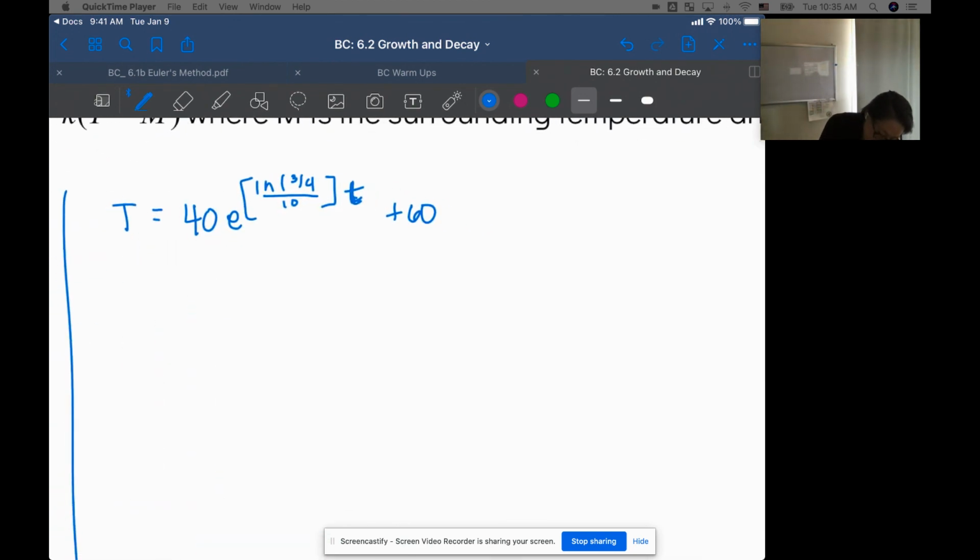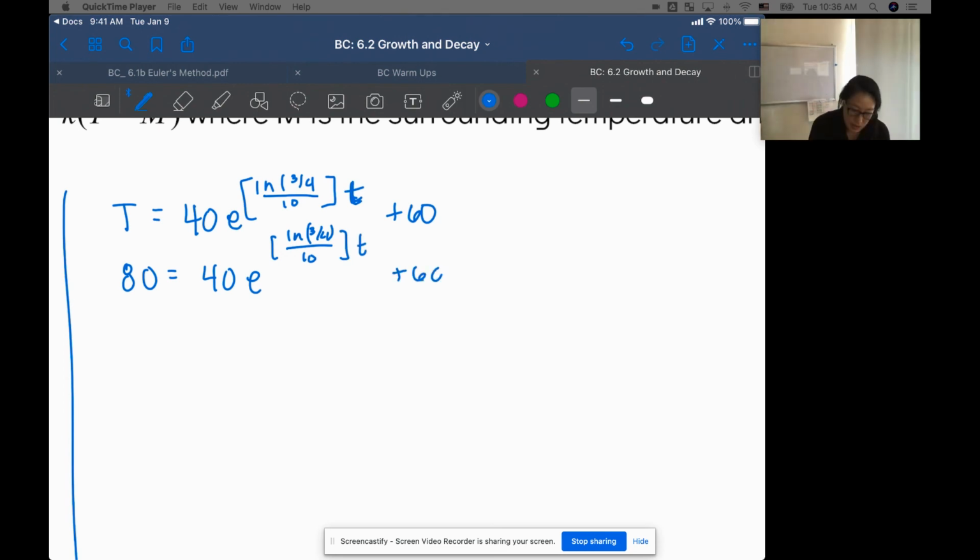So I'm going to plug in 80 for T. You get 80 equals 40 e to the (ln of 3/4 over 10) times t plus 60.